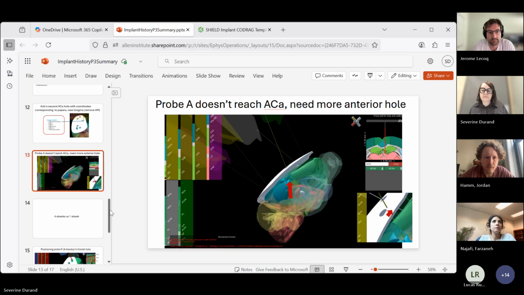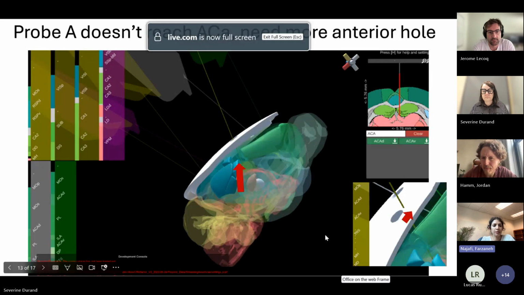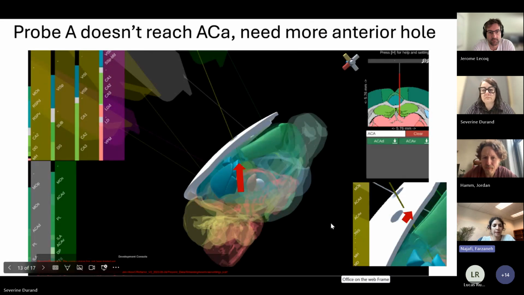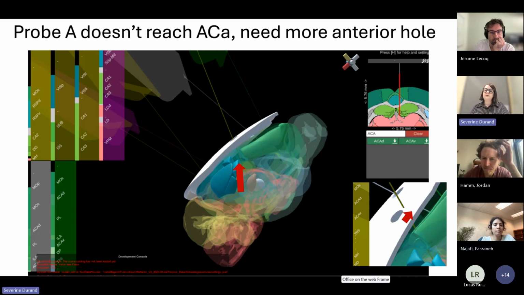Sorry, Jordan. I was going to say, I have been documenting across different papers the coordinates, especially for regions like PFC, M2, like MOS. So if you want, I can share those. It's quite different when you go from one paper to the other, but I have compiled some of these. Yeah, the thing is that these areas are huge.